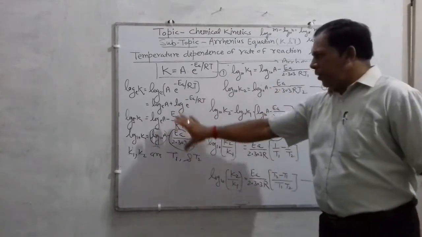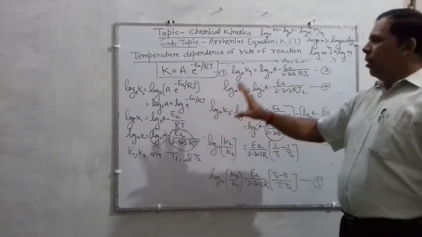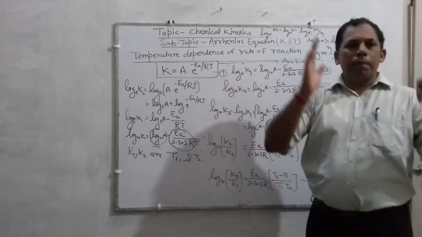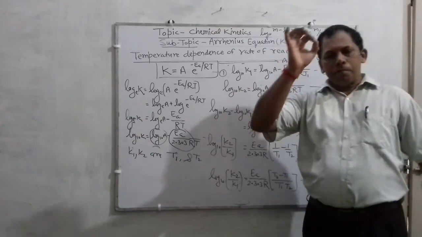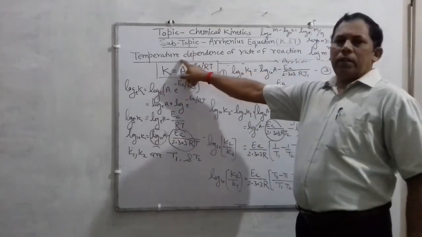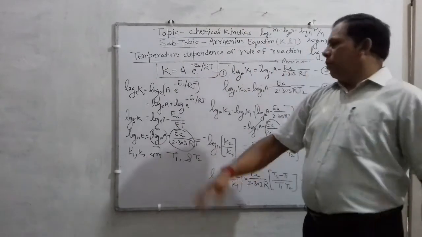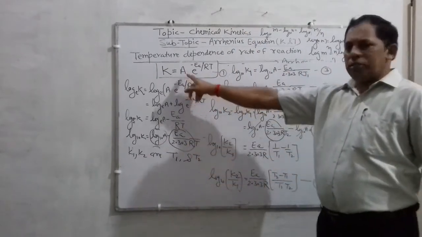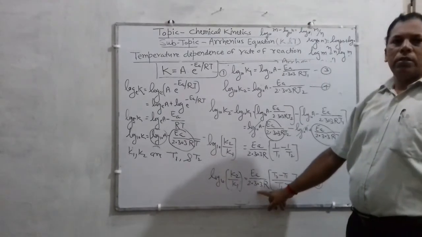So this is the best and easier method by which you can understand and explain. And once again I explain that the rate of reaction increases with an increase of temperature, which is shown either by this reaction or by this reaction.